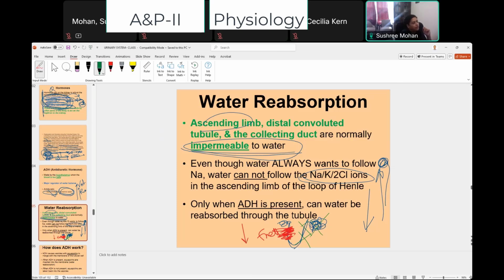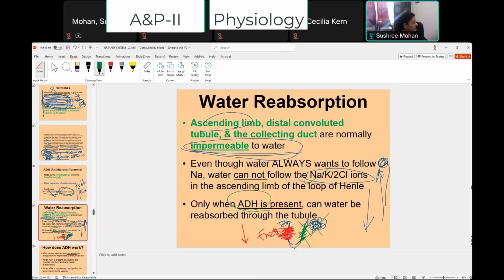Even though sodium and potassium go and water wants to follow them, because water has always affinity for following sodium, sodium and potassium can move in and out freely here, but water cannot follow them because it is impermeable. Now, if it is impermeable, water cannot go, but because of ADH, water can be reabsorbed.